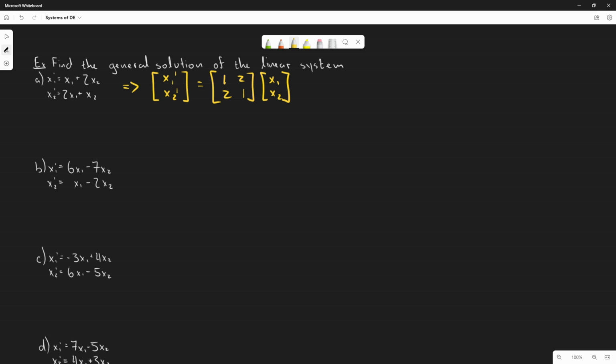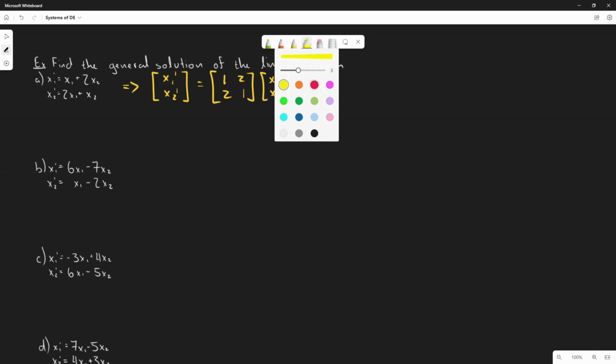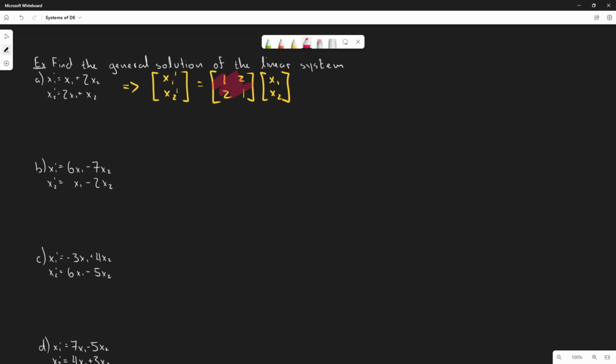Now the next thing we have to do is find the determinant of this 2 by 2 matrix and set that equal to 0. What this becomes is 1 minus lambda, 2, 2, 1 minus lambda.